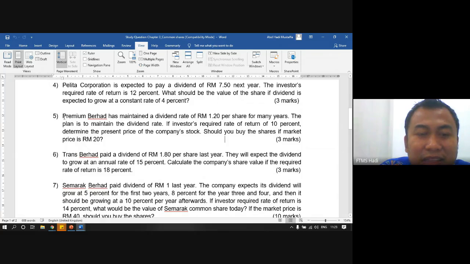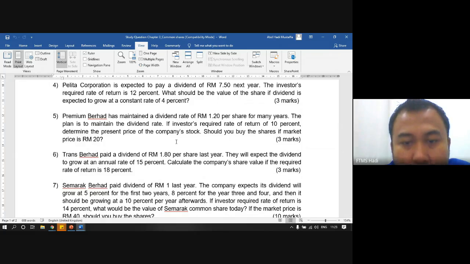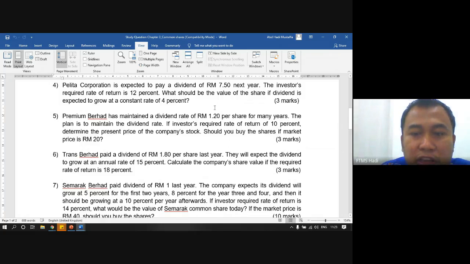But in question number 5, they didn't mention anything about the word grow, G-R-O-W or G-R-O-W-T-H. So if nothing is mentioned about growth or grow, definitely you will choose model number 1. We have RM1.20 and then we have 10%. That's it. This one is your P0. Later on, I will show you how to compare.